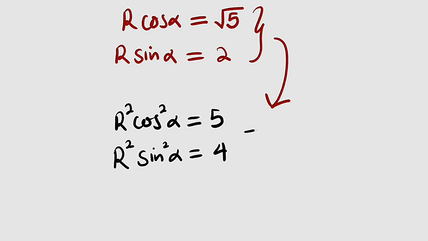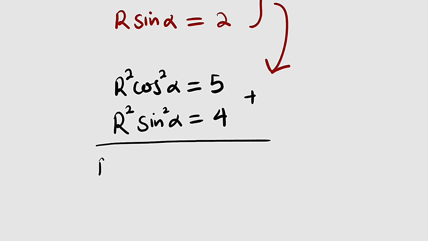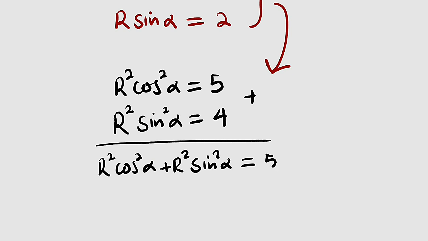Now let us add these two equations together. You have r squared cos squared alpha plus r squared sine squared alpha, and on the right hand side we have 5 plus 4.